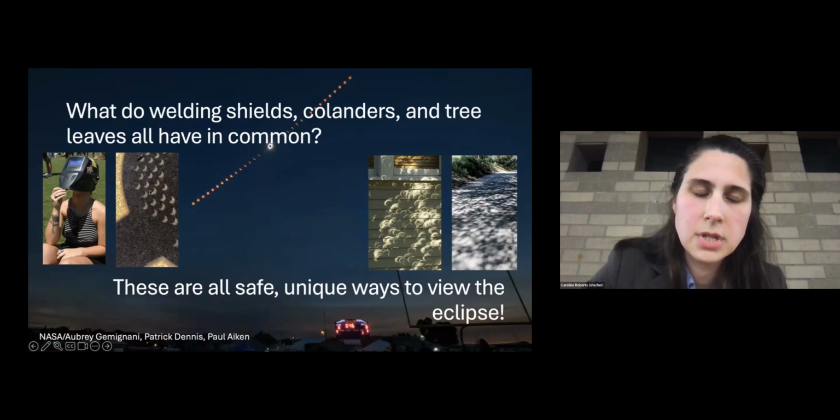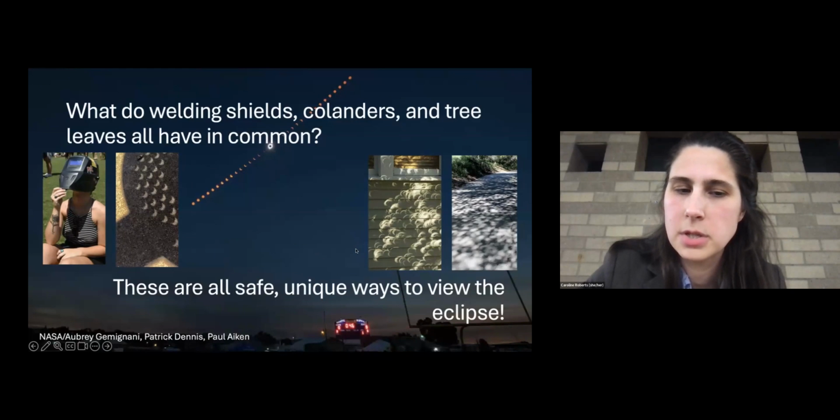But during the eclipse, as it's approaching totality, or if you're just in a partial eclipse area, you'll see those little crescent shapes, those little phases of the sun on the sidewalk, instead of those perfect circle images of the sun you would see if there weren't an eclipse.